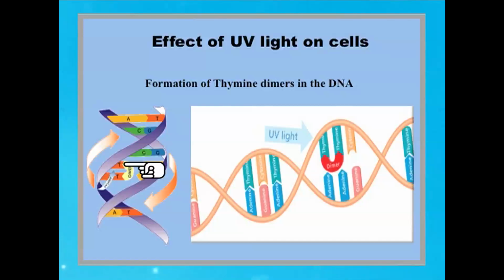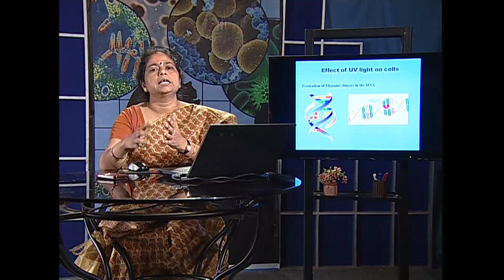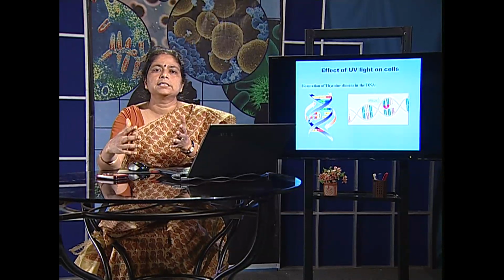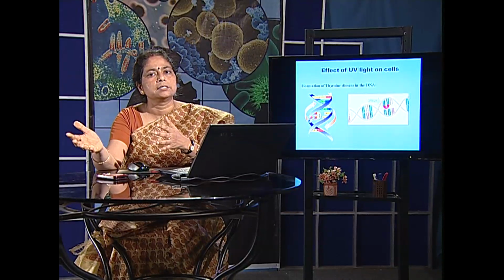Here you can see two thymine molecules combine together and form a thymine dimer, and this process is called dimerization. Because of the thymine dimer, when the uncoiling of the DNA takes place, the dimer remains in its place, and therefore this halts the process of replication and the DNA is not able to replicate. As a result, the cells are not able to survive and ultimately they are killed.